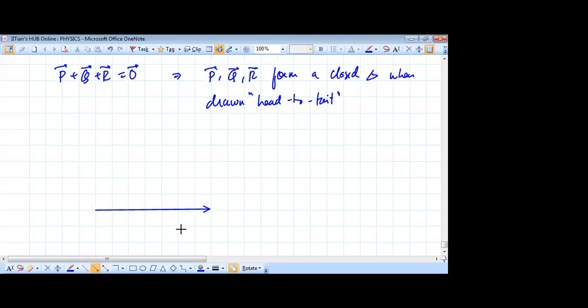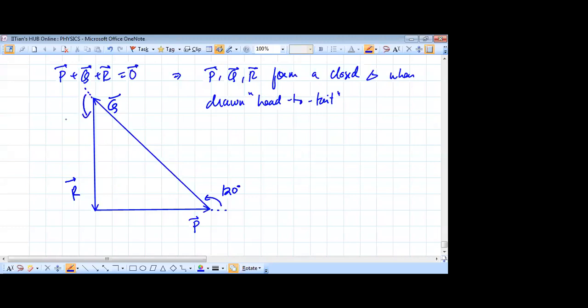So this was a vector P. Now Q and R would have to be like this, such that this angle is 120, this angle is 150 degrees, and this angle has to be 90.